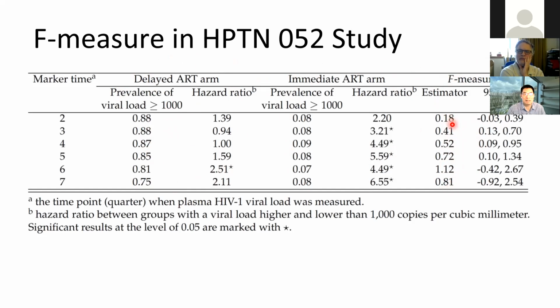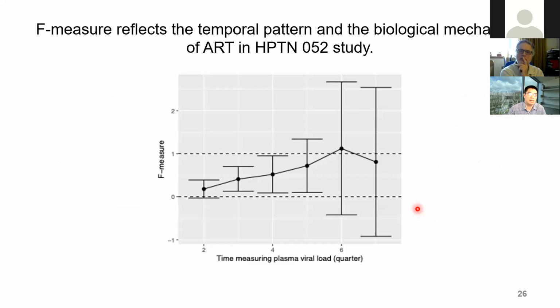And it looks like the surrogacy gets better as time progresses, with viral copies more than 1,000 among HIV-infected partners getting close to the clinical endpoints, as you can imagine, right? So it's not surprising. Still, because we get to the end of the study, we have fewer clinical events to calculate with.